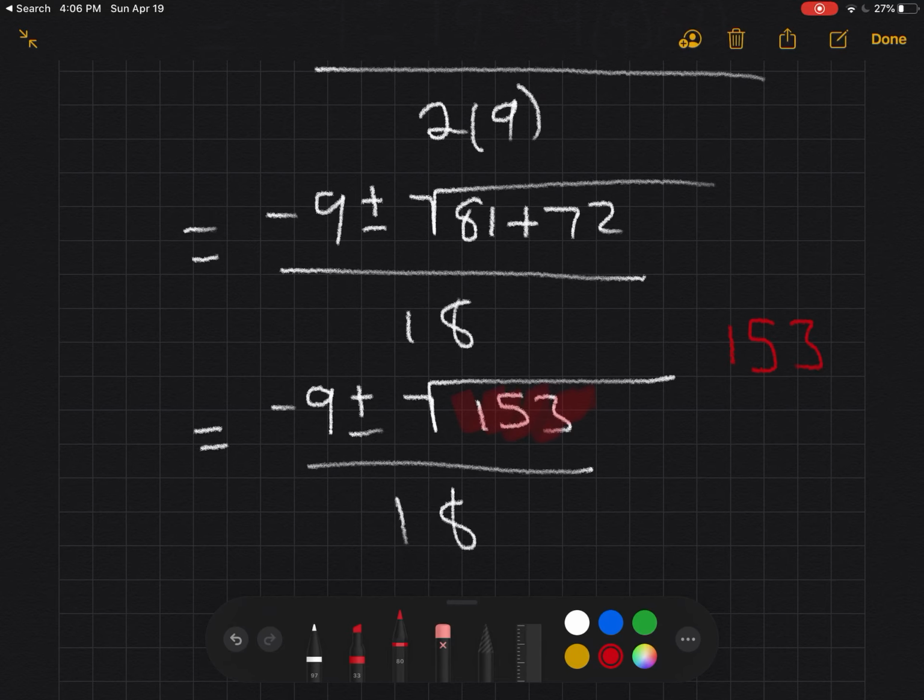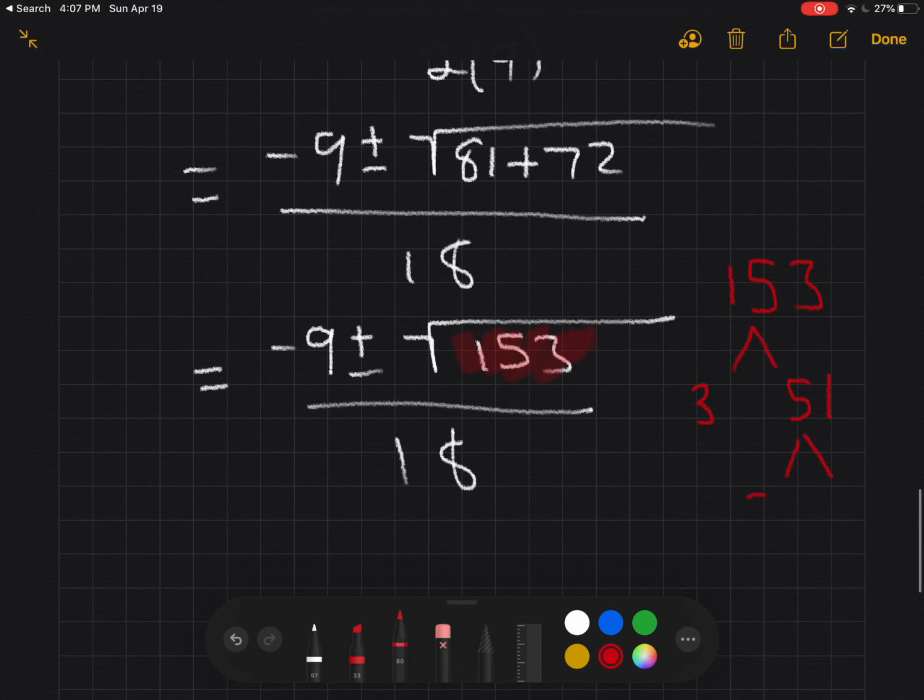All divided by 18. So this gives us negative 9 plus or minus the square root of 153 divided by 18. Again, you want to check and see if we can simplify this any further.